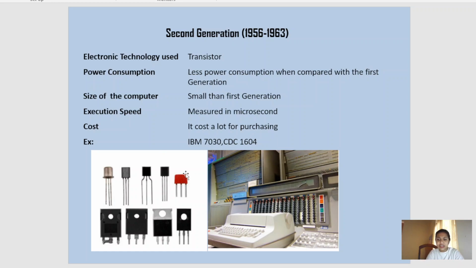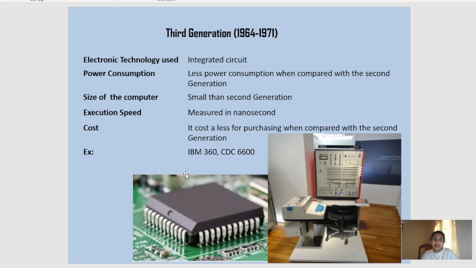If we talk about the third generation, integrated circuits were used as the electronic technology. The power consumption was less than the second generation, and the size of the computer was also smaller.